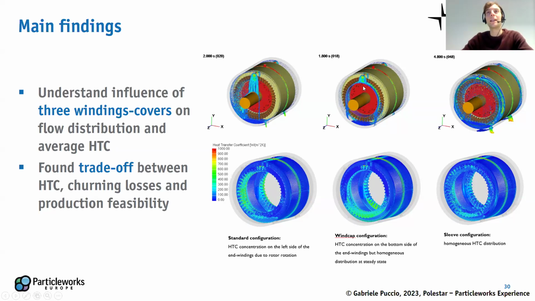You can clearly see here that oil can be collected on the outer side of the windings, or the inner side, or in this case there was no protection. Because of that, we see different HTC map distributions and also different losses, because of course oil can also go through the air gap and cause a little bit of losses.